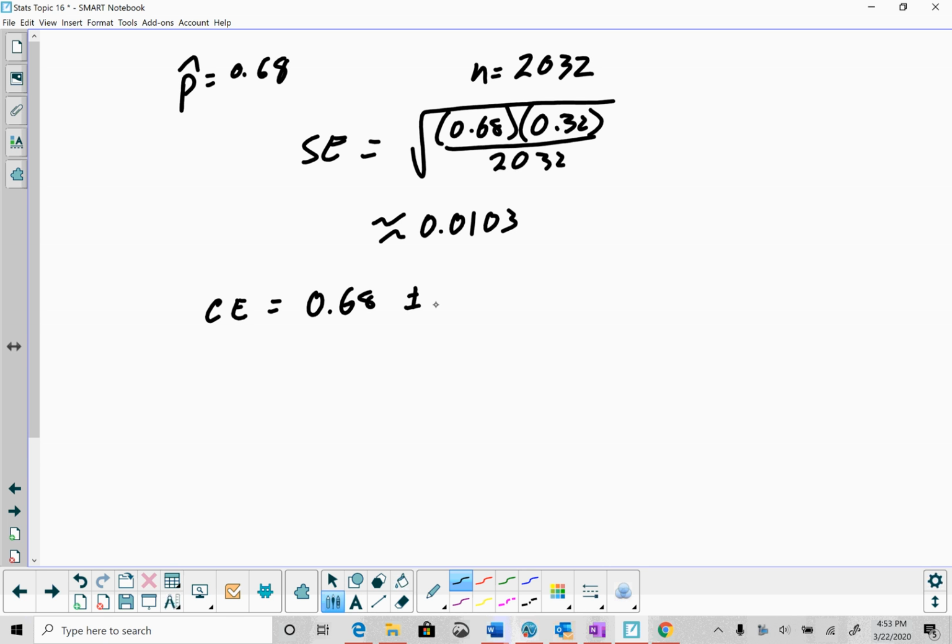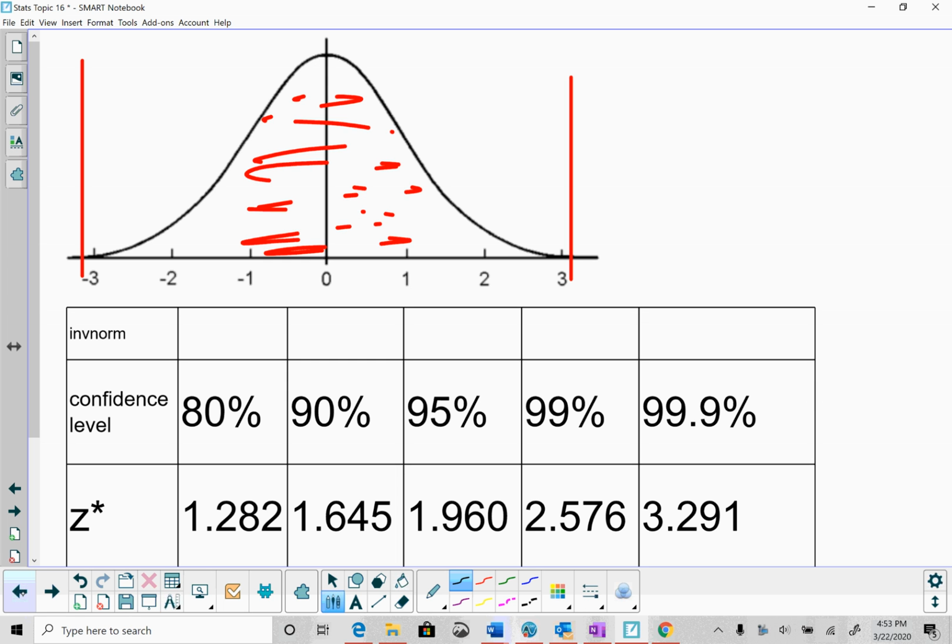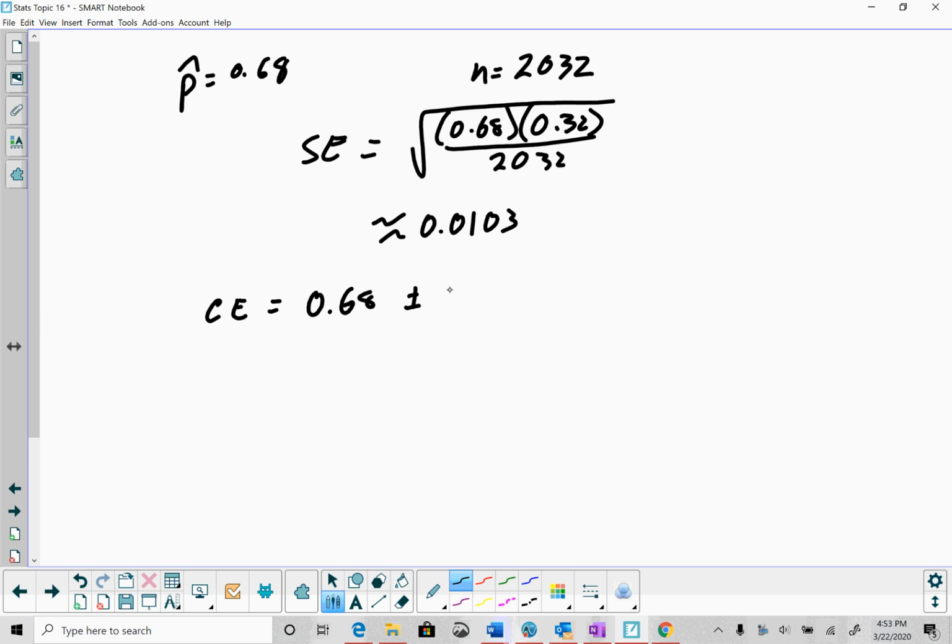And if you're on page 336, it mentioned a 95% confidence interval. So for 95%, we need a z star value of 1.96. So 1.96 times our standard error.